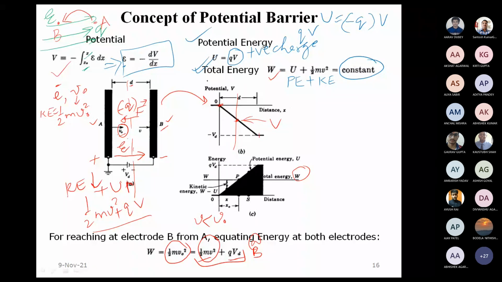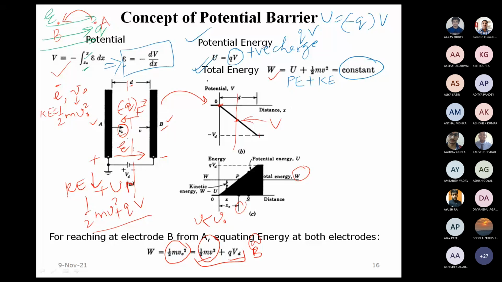Okay, so at any point x0, we can see what may happen: the difference in potential energy and the kinetic energy may become 0.